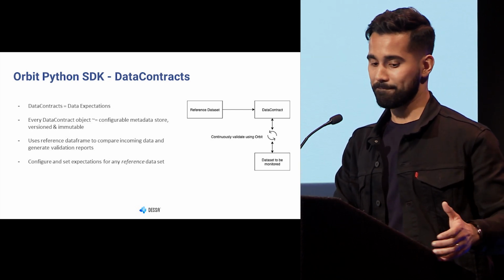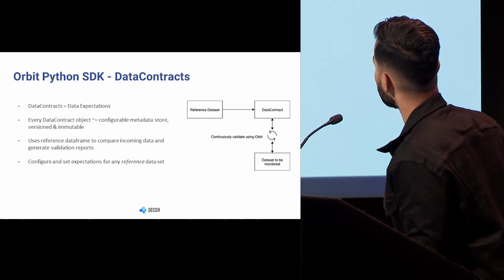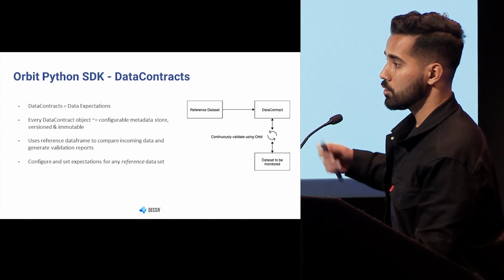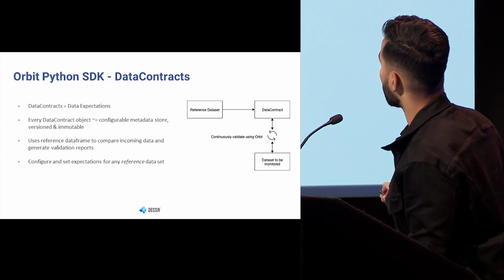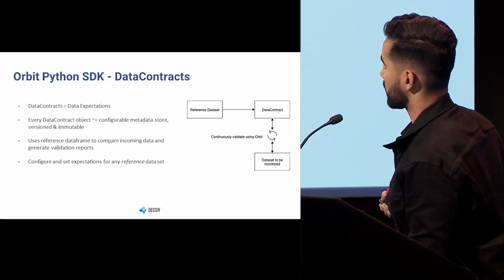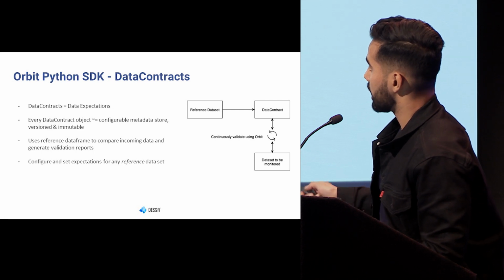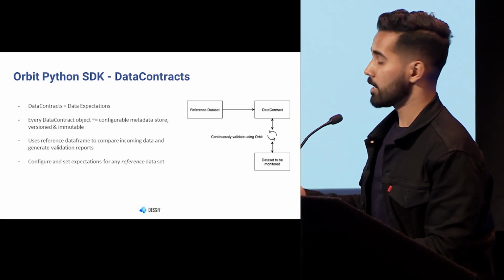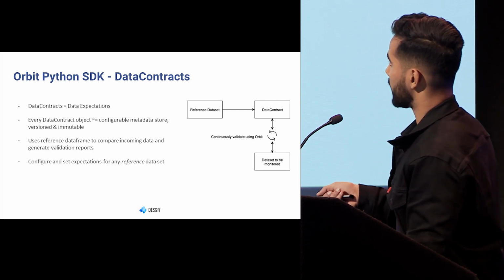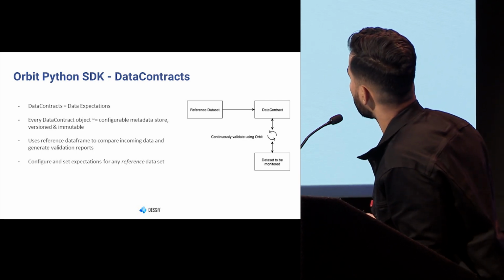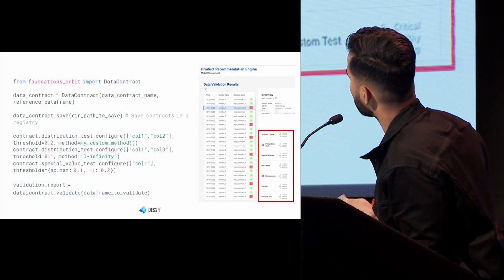This is the XYZ, right, which we'll talk about further. And then Orbit will continuously use the newer data sets and continuously monitor them along with the data contracts, right? So this is really our way to be able to configure and set expectations for any kind of reference data set. Now, I'll showcase how the Python SDK works right here, right?